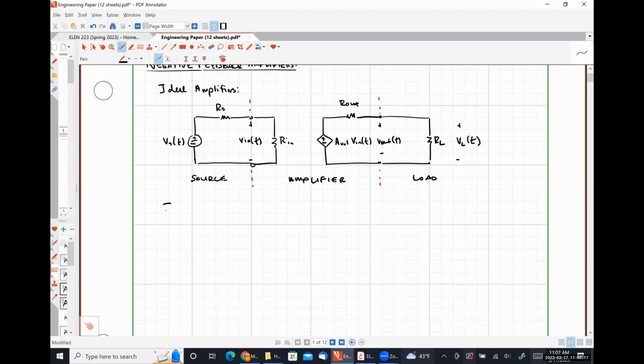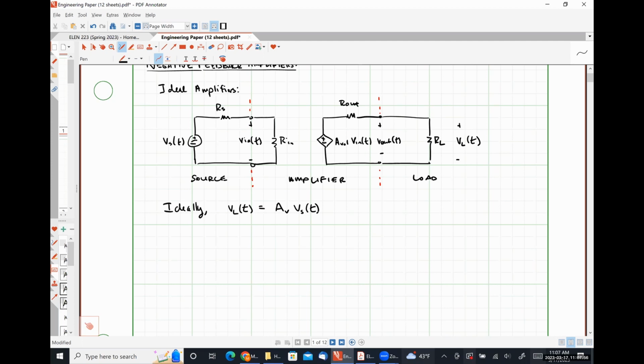So ideally, I believe we mentioned this previously, VL of t will simply be AV, some amount of voltage gain, times our source or signal voltage, Vs. So what we are going to figure out is what values of R in and R out will make that happen.